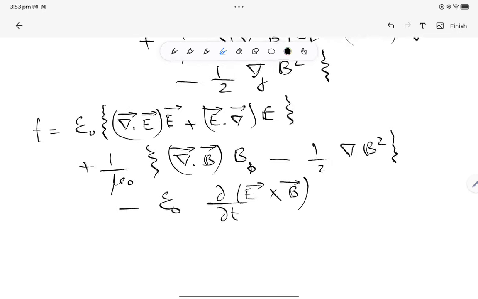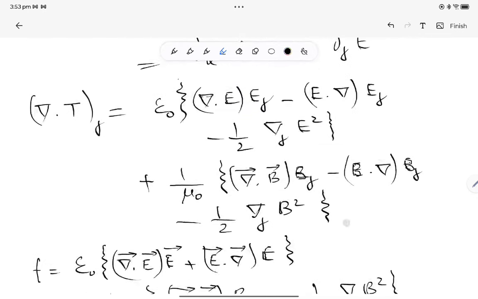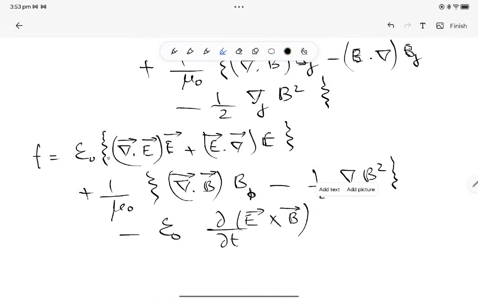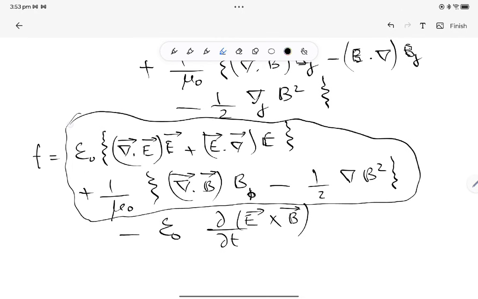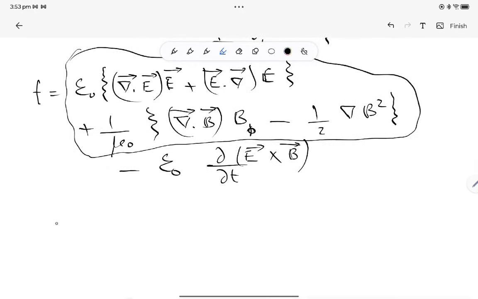Okay, it is quite clear now for you to see that this whole expression, except for the last term, can be replaced by a very simple expression, that is the jth component of del dot T. We then have del dot T minus epsilon naught, and now this term.